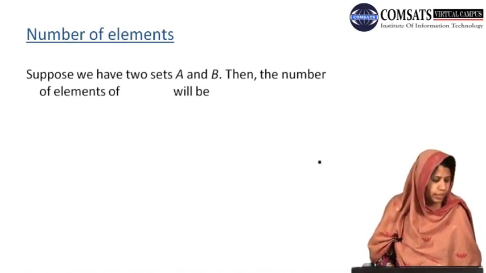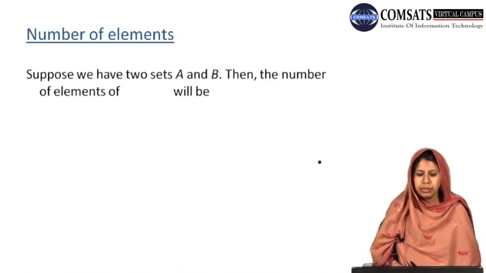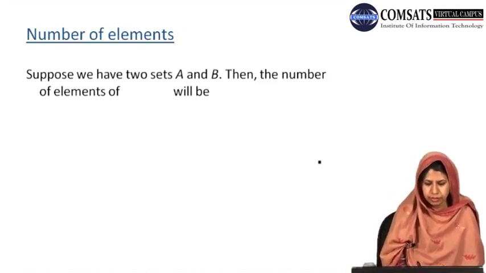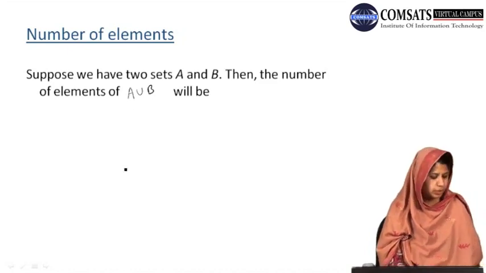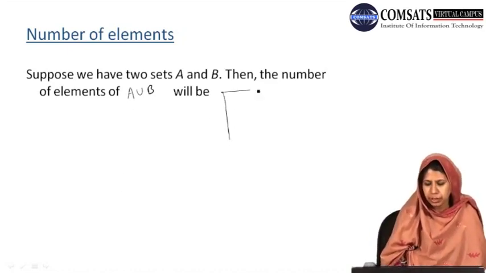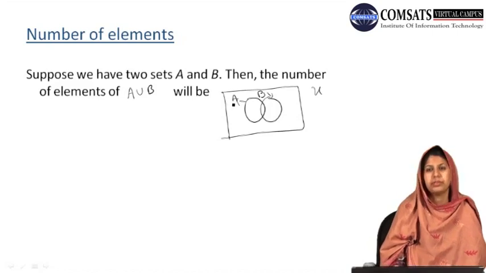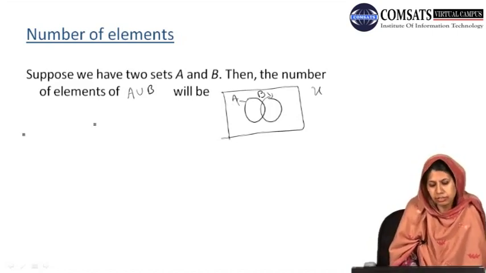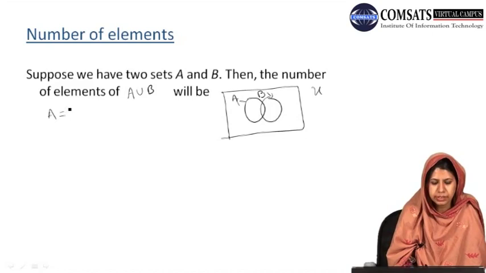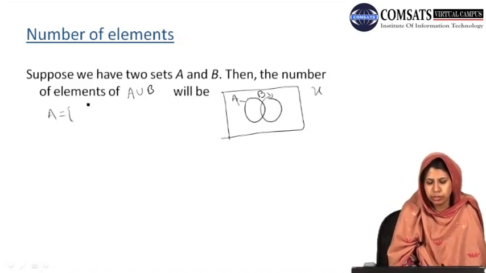Suppose we have two sets A and B. Then the number of elements of our set A union B will be, if we look at our Venn diagram, this is our universal set, this is our set A, and this is our set B. For the sake of simplicity we consider our example of balls, which we discussed in our previous lecture.